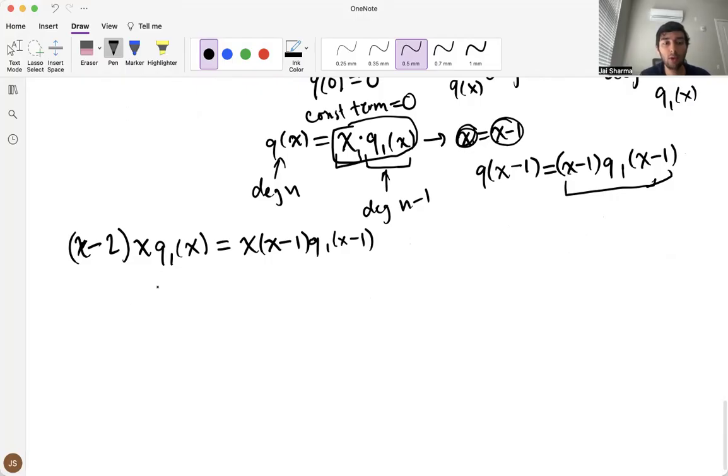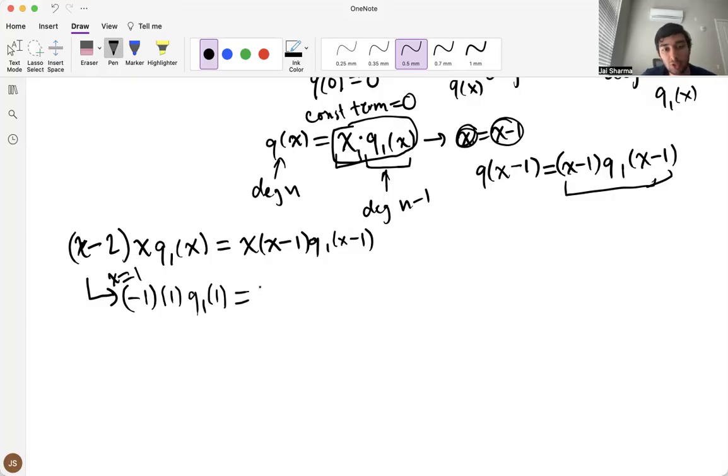What if now we plug in 1 into this, right? We plug in 1 for x. Now the left-hand side becomes 1 minus 2, which is negative 1, times 1, and then q1 of 1.